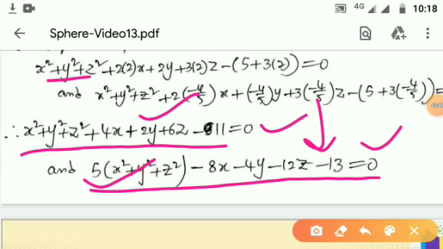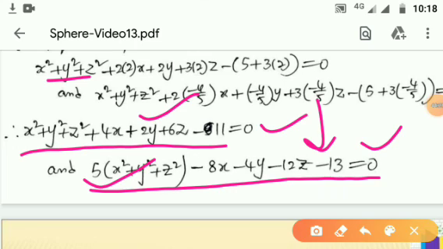And in the second problem, we are given a coaxial system and a plane. We have to find the members of the coaxial system so that they are touching the given plane. So we have taken a member of the coaxial system, and we have taken the center of that member and the radius of that member, and since that sphere is touching the given plane, we apply the condition so that d is equal to r.